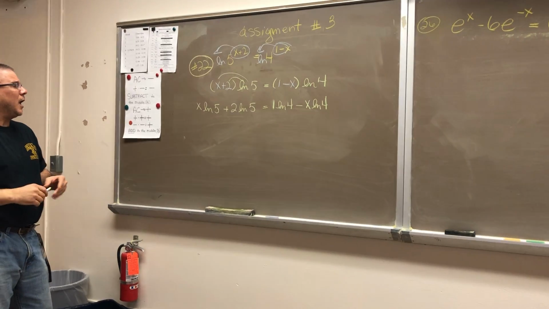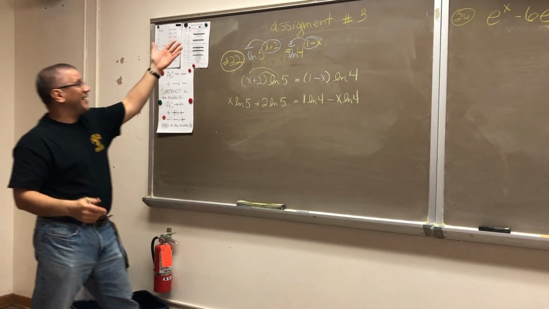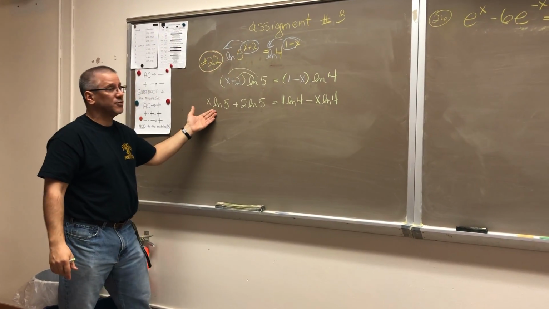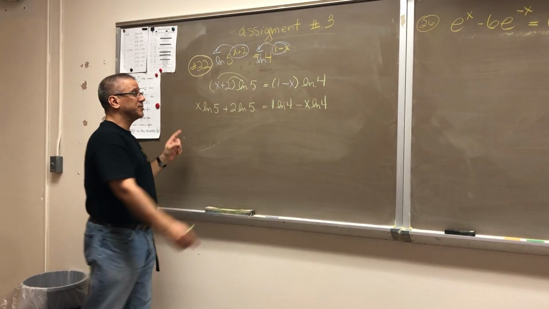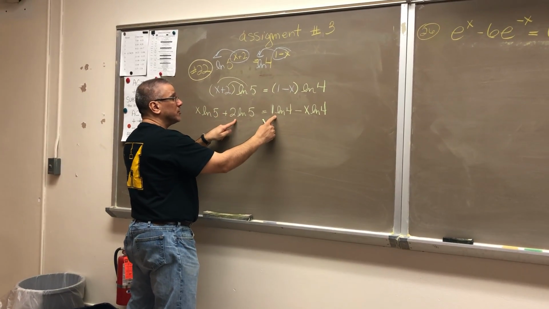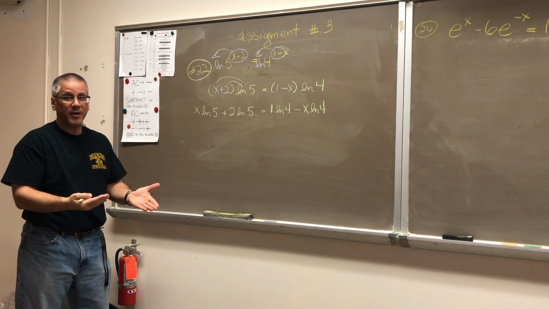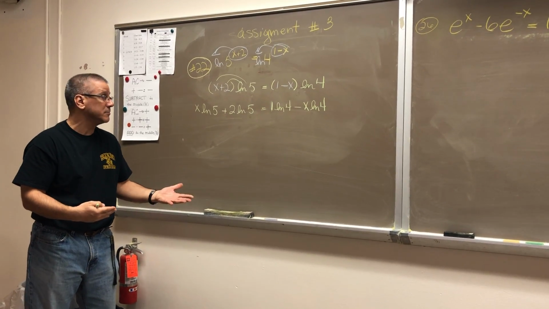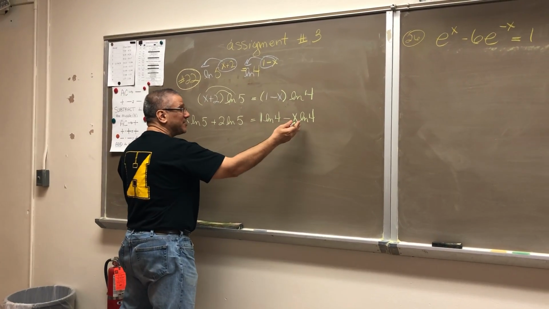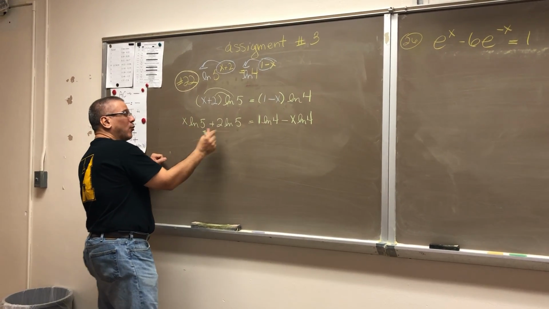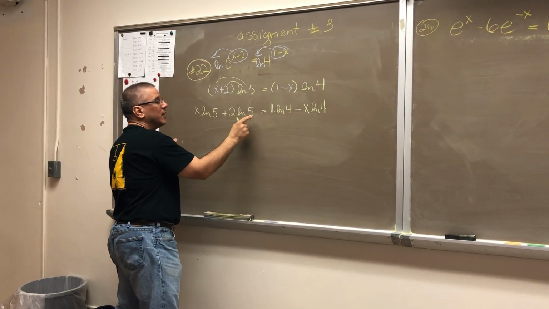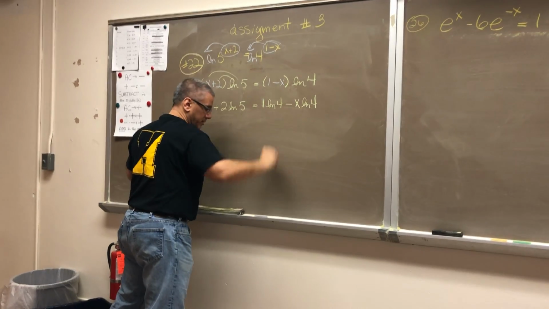So now what we did is we've taken an exponential equation and we've changed it to a linear equation. X's are on both sides. Numbers are on both sides. So we have that decision to make. What side do we want to put all the x's? Well, I'm going to take all of my x's and move them to the left, and that forces this 2 ln of 5 to move to the right.